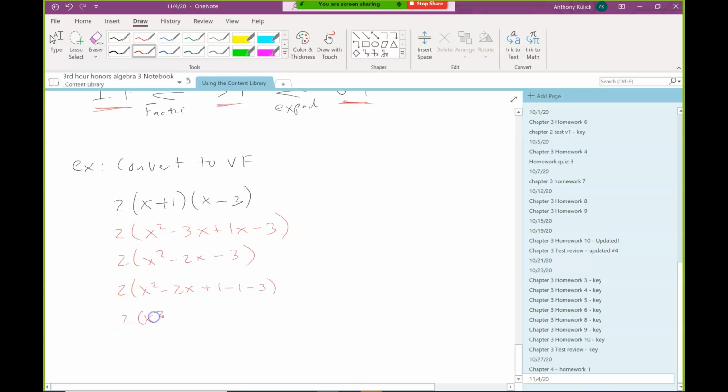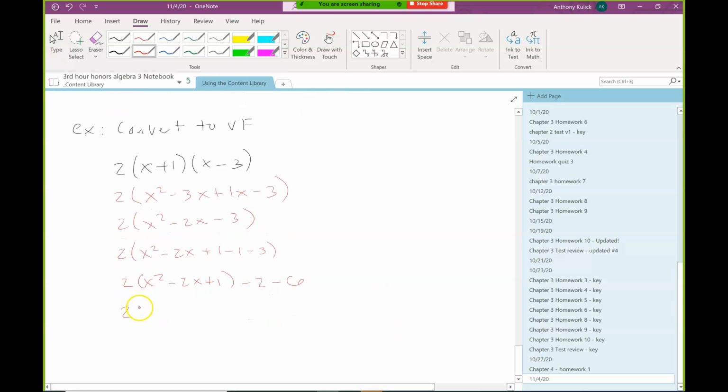I guess I could have combined like terms there too. Whatever. And then we can factor. How does x squared minus 2x plus 1 factor? It's minus 1. And then negative 2 and negative 6 is negative 8.